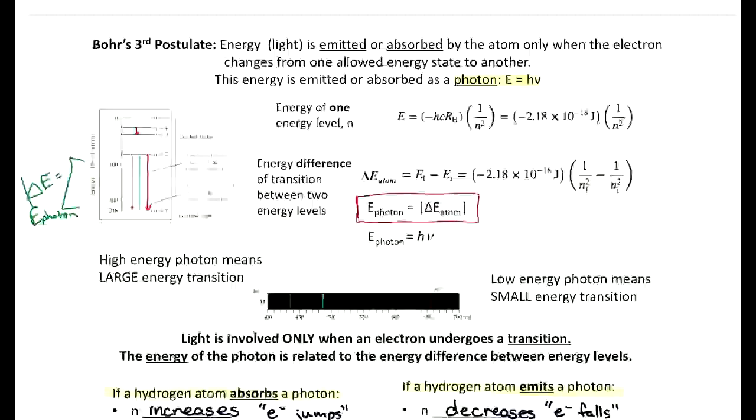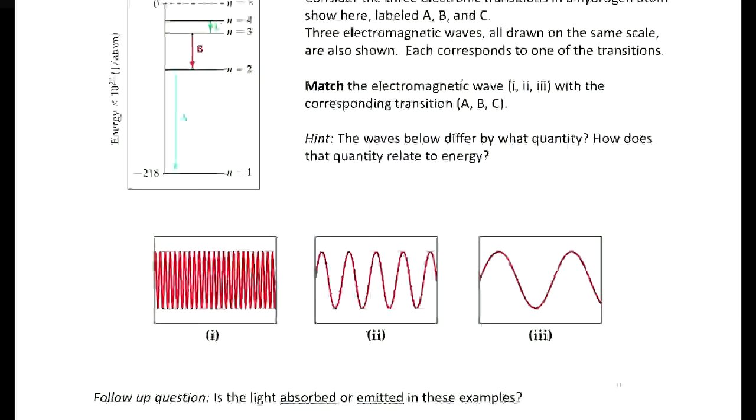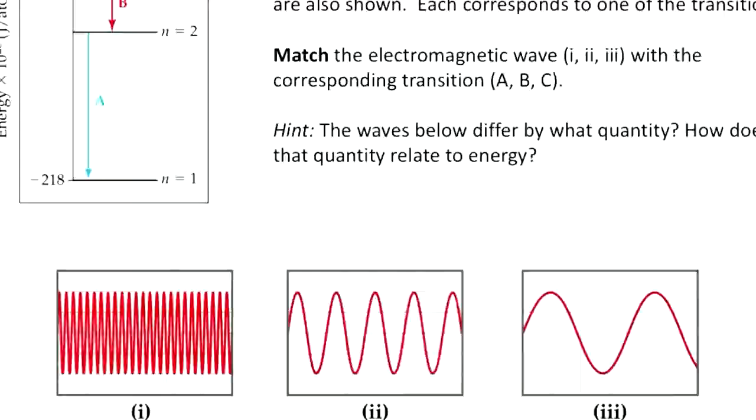All right, so let's do some examples, put it all together. Here I give you an electronic structure for a hydrogen atom, and I want you to match these different transitions with these different lights. So remember, when electrons undergo energy level transitions, that is when light is involved.